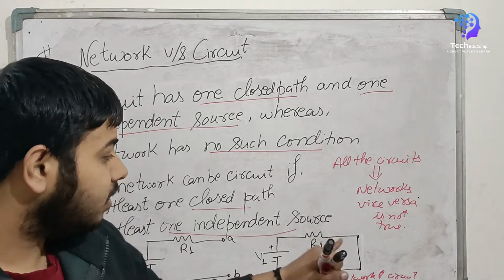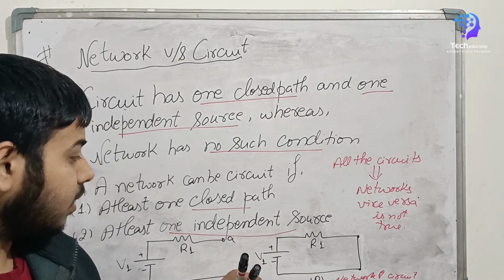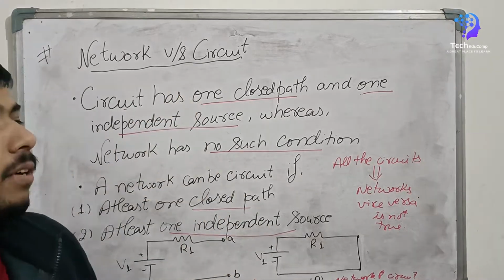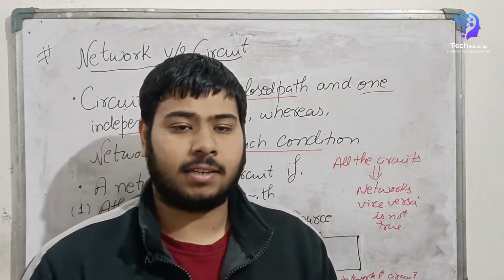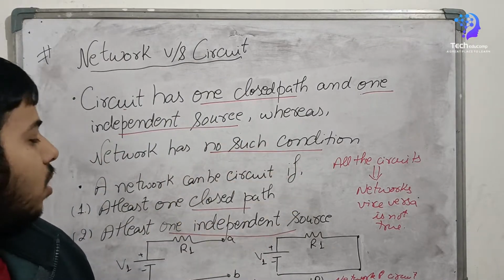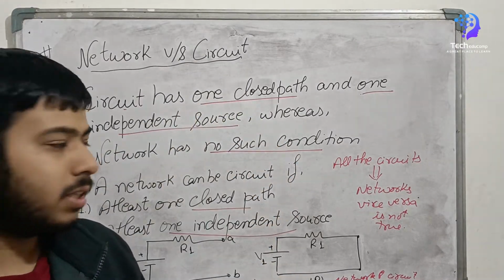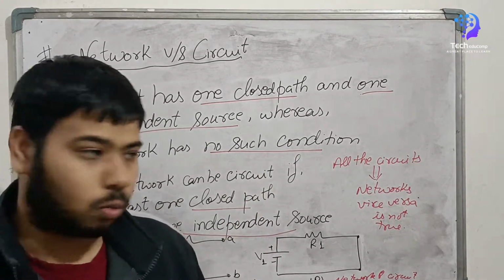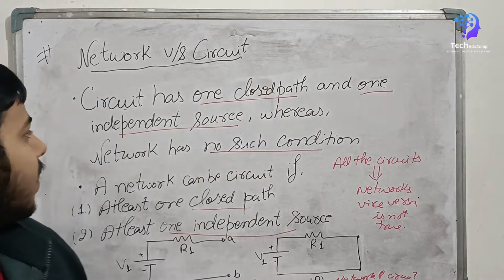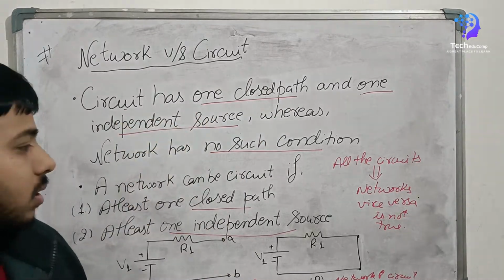But in B, it is a closed path and it has an independent source. So this was the main difference: a network has no such condition, it can have an open path also, but a circuit should have at least a closed path and an independent source.